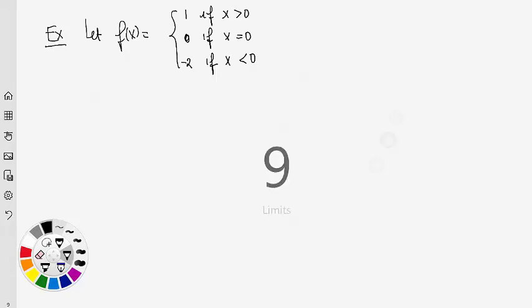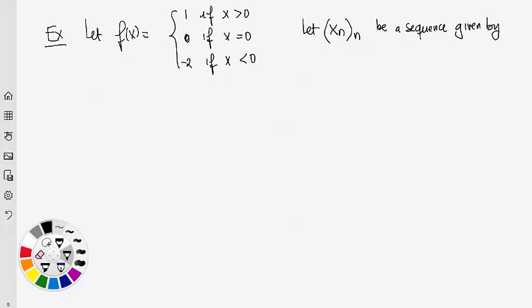And now I will let xn be the sequence given by xn is negative 1 to the power n over n.